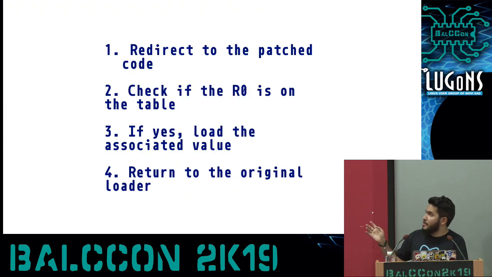Basically, our solution was to redirect the patched code to our custom loader, and we checked, it doesn't make much sense saying R0, but we checked if this register was on the table, and if so, we would load an associated value, and then we would return to the original loader.